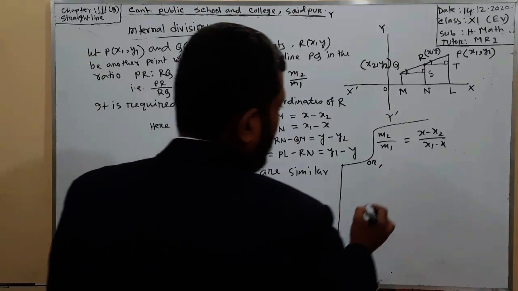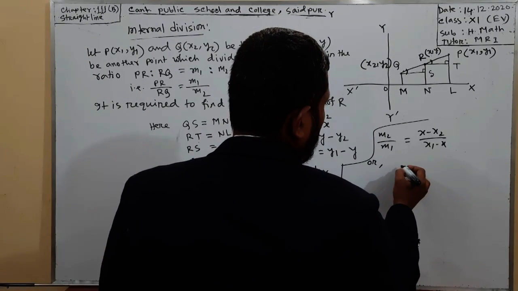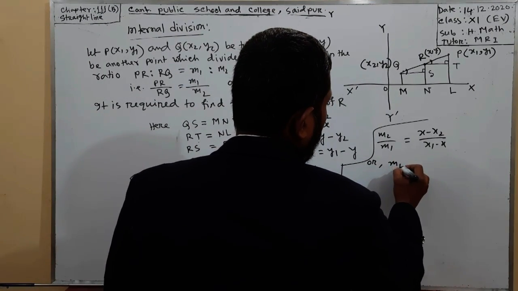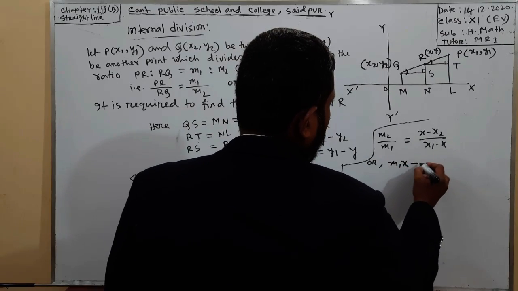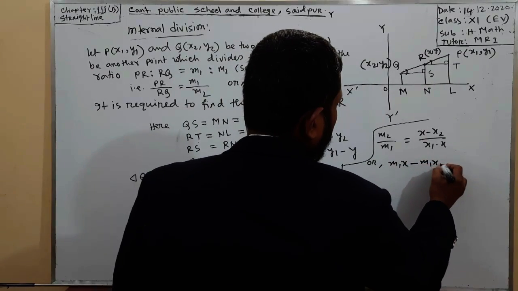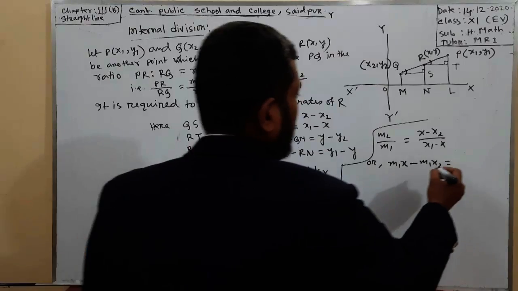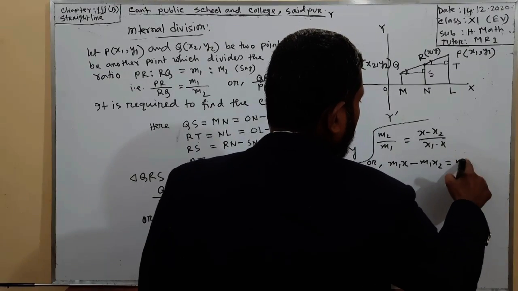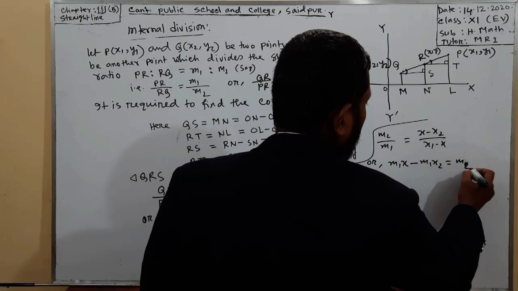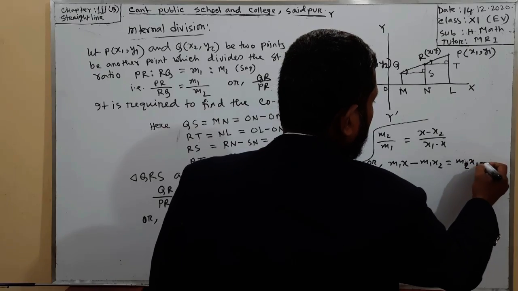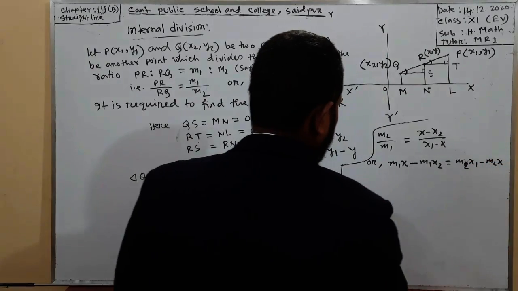By cross multiplication, we get M1x minus M1x2 is equal to M2x1 minus M2x.